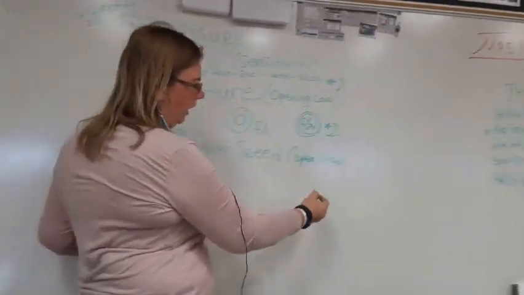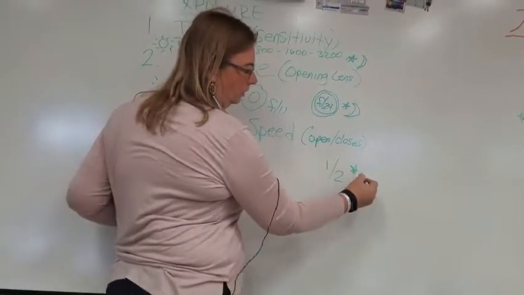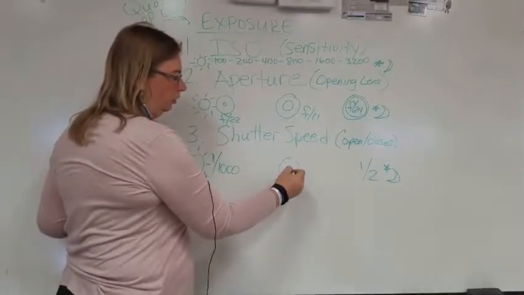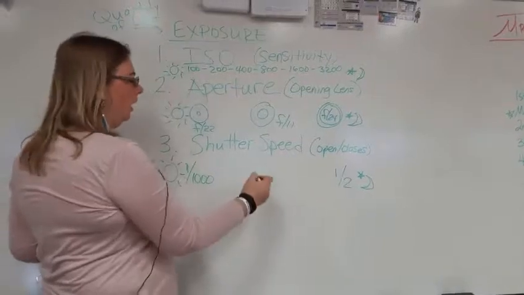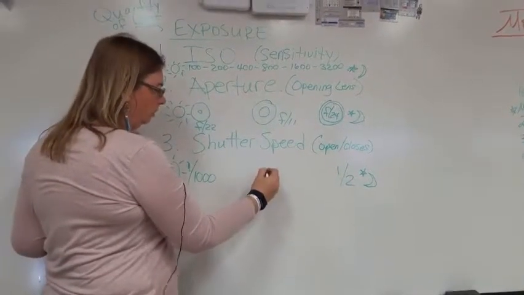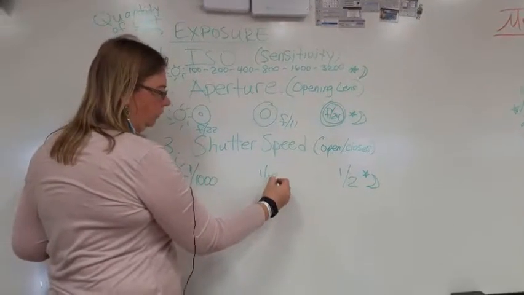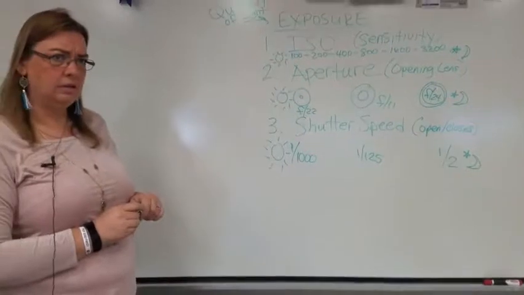Then down here I had a half a second, okay? Because it's gonna let in way more light. And then in here, I'm gonna have something normal. So maybe, I don't know, 125, okay? Does that sort of make sense?